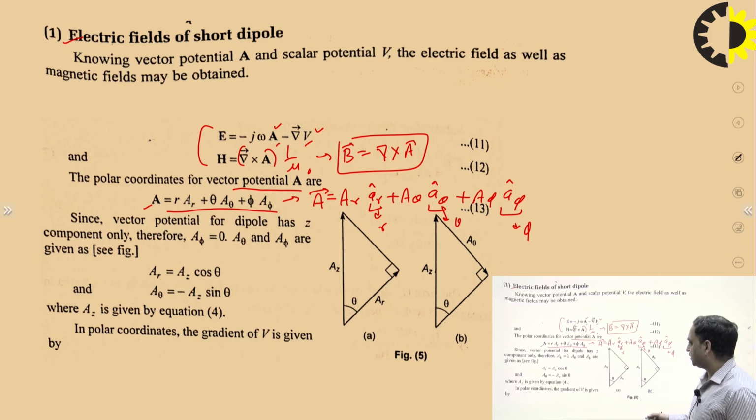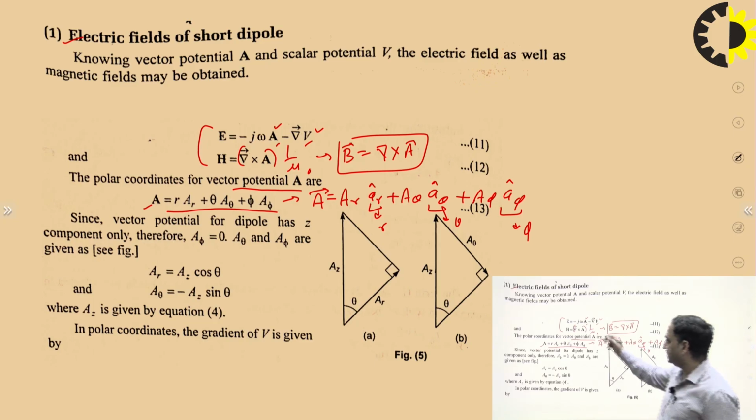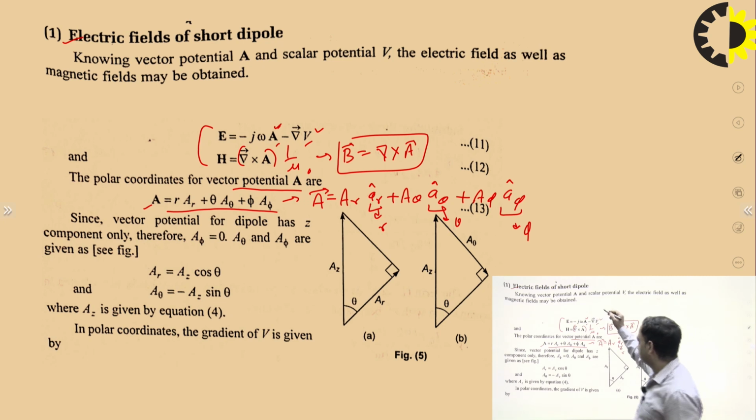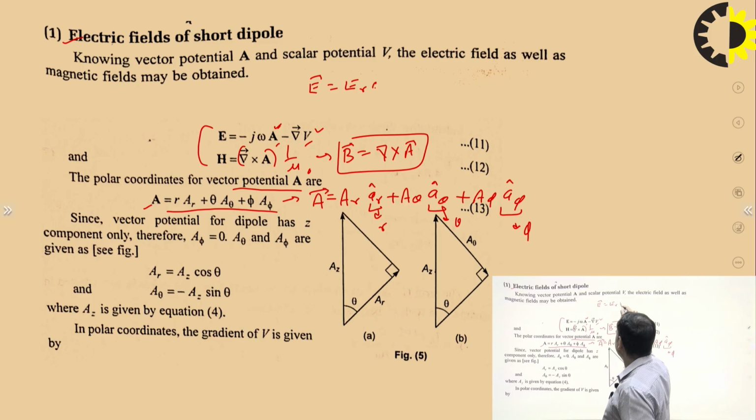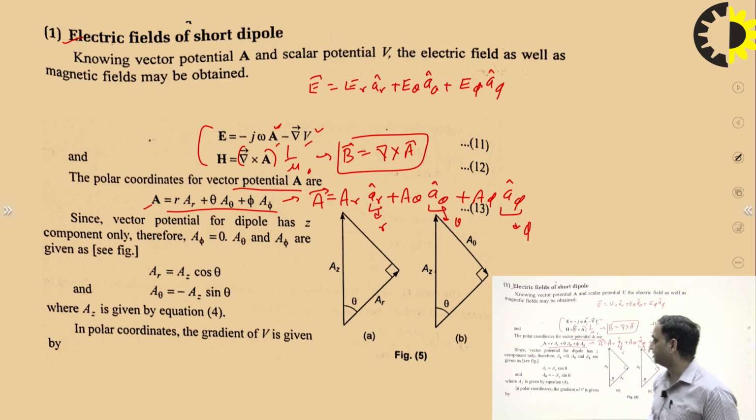Coming back to our main question, we want to know the electric field. The electric field we write as E r a_r plus E theta a_theta plus E phi a_phi. It means we have to find the components in the direction of r, theta, phi.